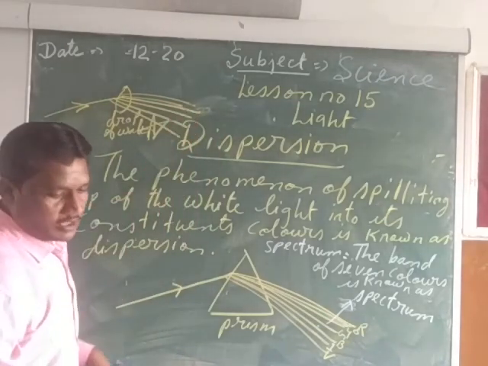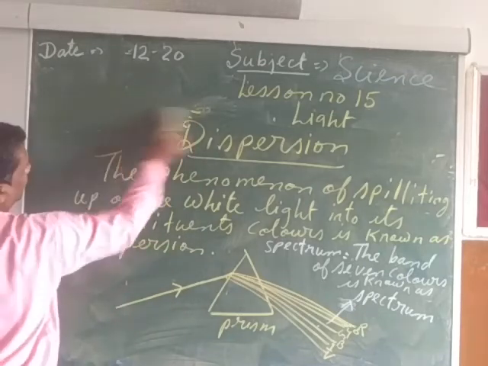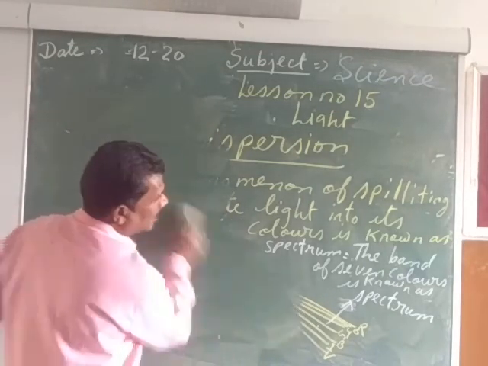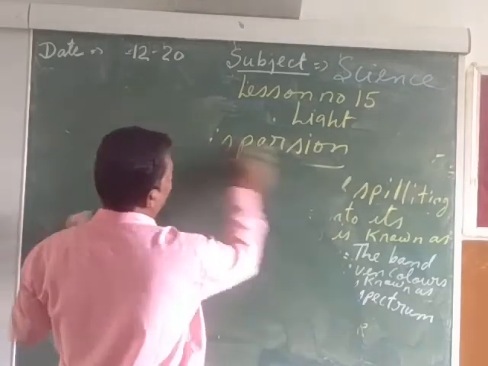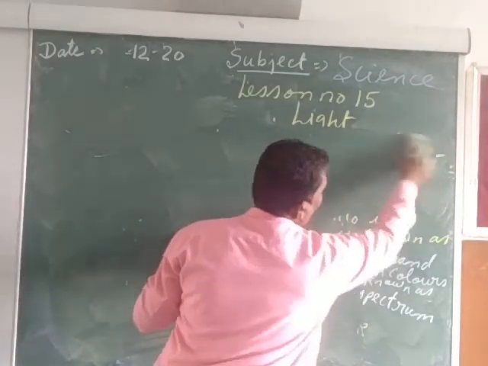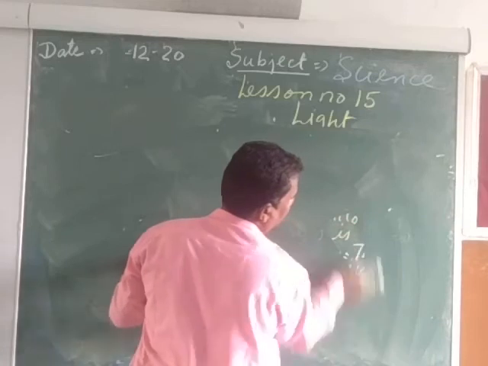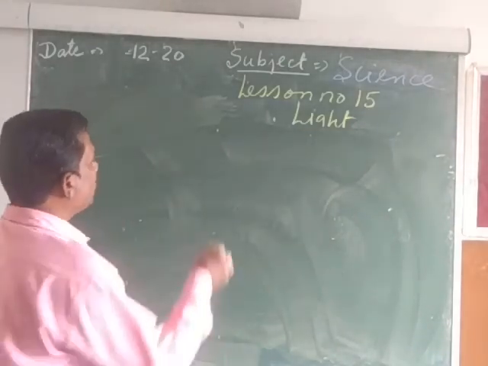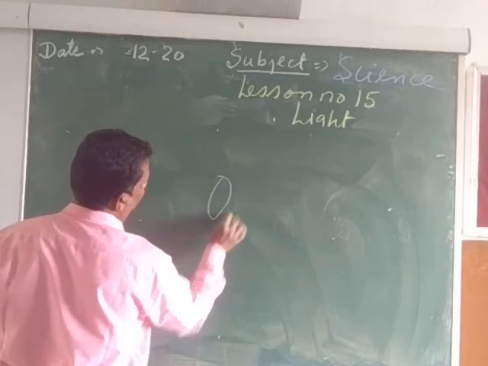Now it is the sky. So I hope you have got this: the phenomenon of splitting up of the white light into its constituent colors is called dispersion. The band of 7 colors that is obtained is called the spectrum. So my child, how is the beautiful rainbow formed in the sky? Suppose this is a drop of water.